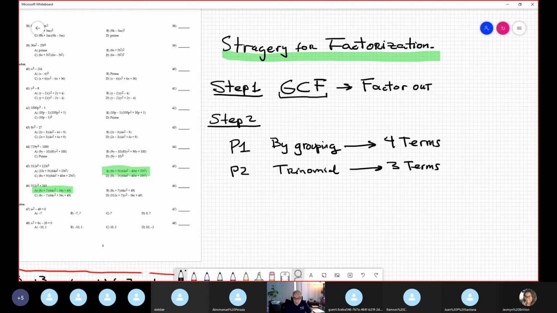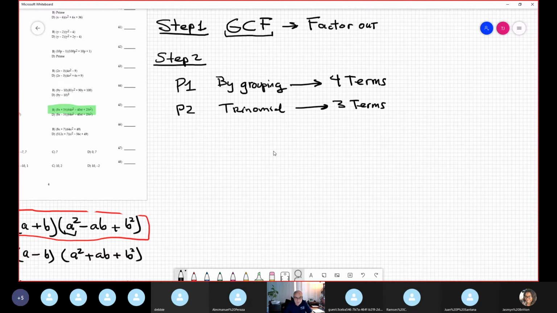Okay, but no, trinomial is not too easy because we have 3 kinds of trinomial. Regular is the trinomial when the leading coefficient is 1. Suppose this is a regular. How do you identify a regular? Because this number is 1.